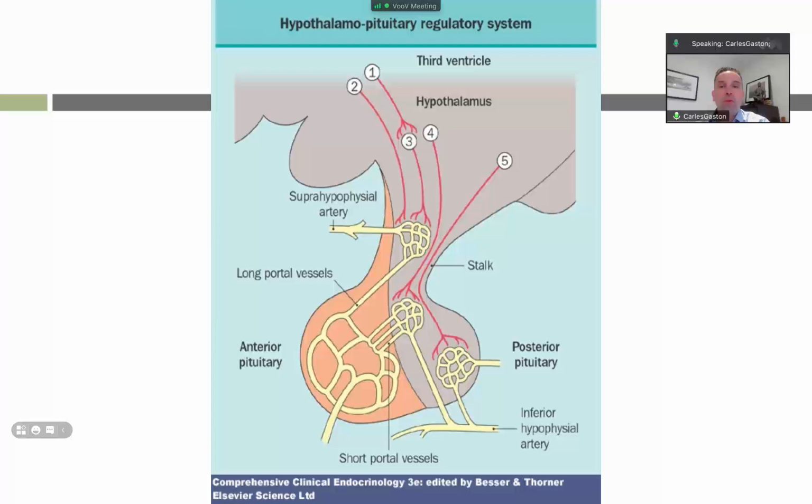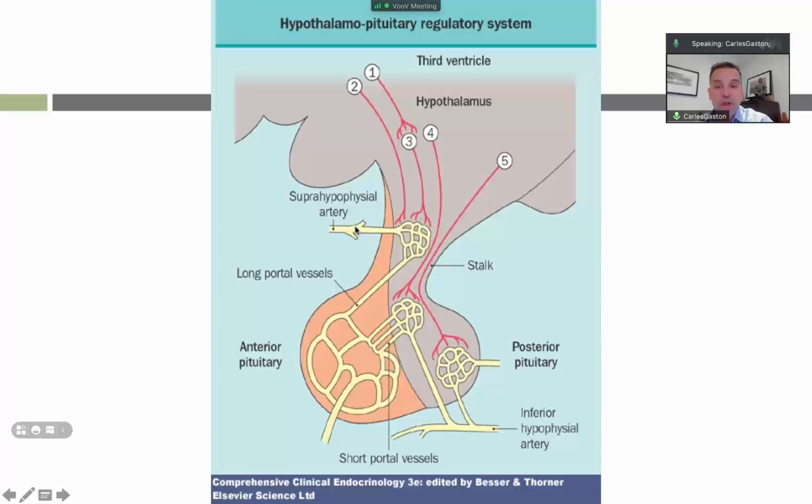In this cartoon, we have more of the hypothalamic pituitary regulatory system. As you can see here, we have the anterior pituitary gland, the portal vessels, and the posterior pituitary gland. Both the anterior and the posterior are connected to hypothalamic inputs. There are neurons here, and these neurons project axons into the artery or portal system of veins.